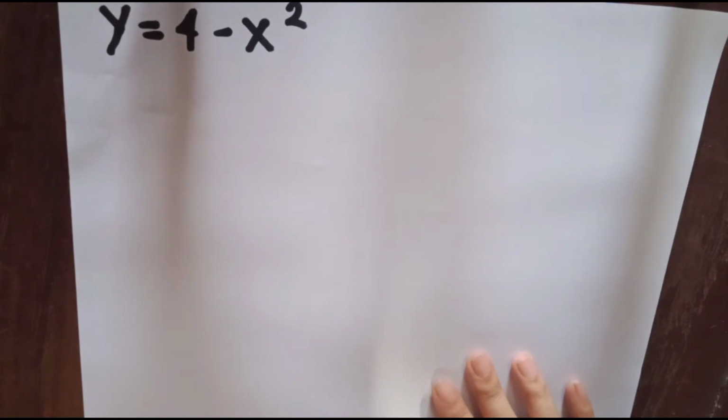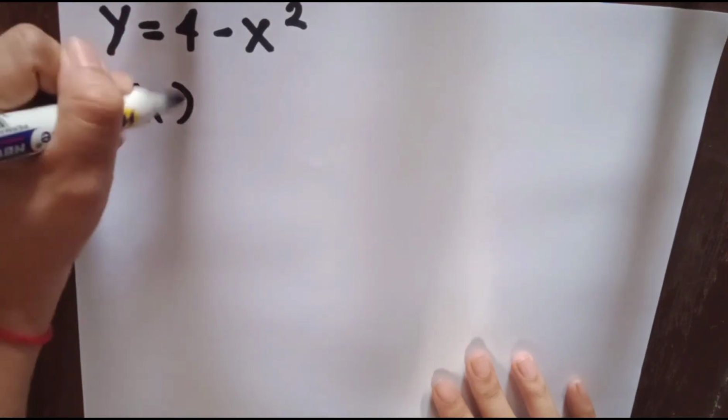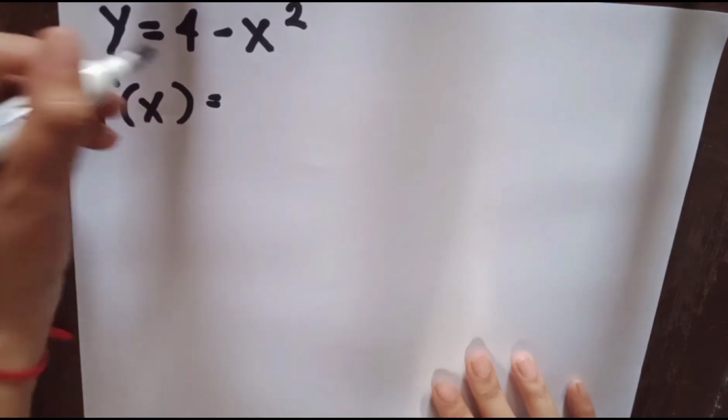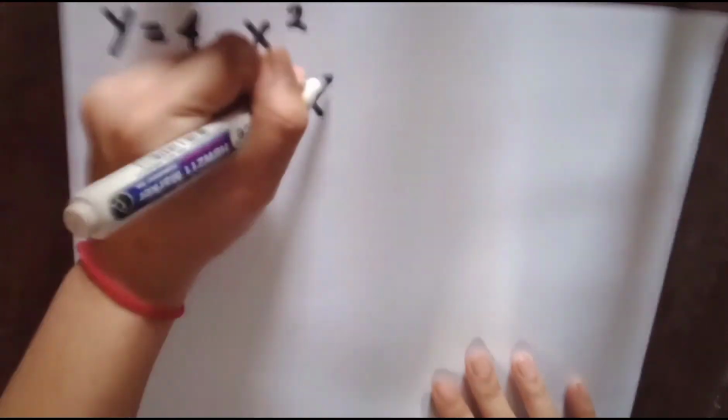If we give the function the name f, then we can use the following function notation. We can express y equals 4 minus x squared as f of x equals 4 minus x squared.